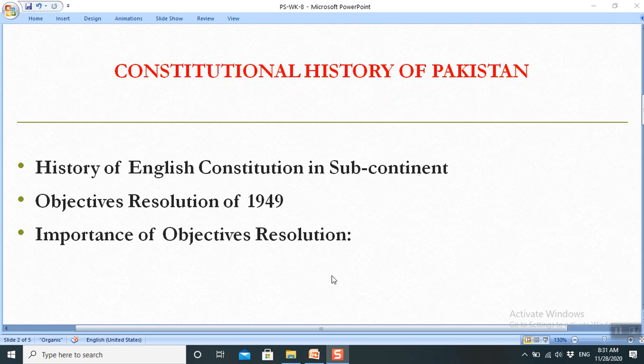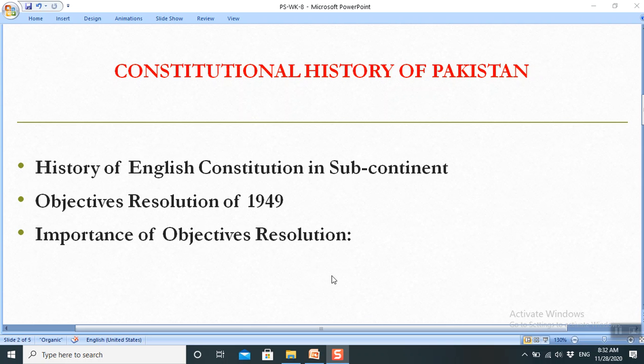It will be a kingship or a democratic state. Then what type of government it will be? It will be a democratic parliamentary government or a presidential democratic form of government.